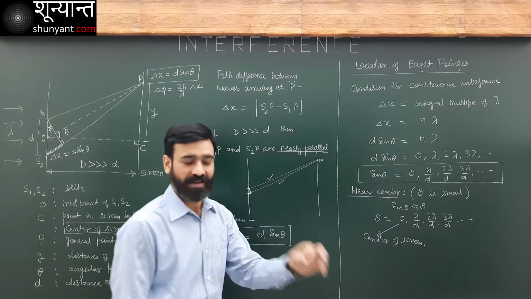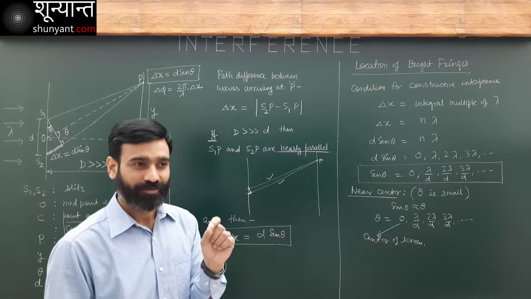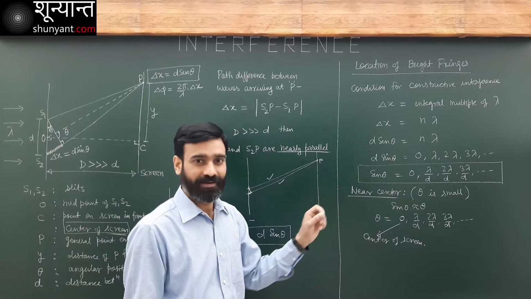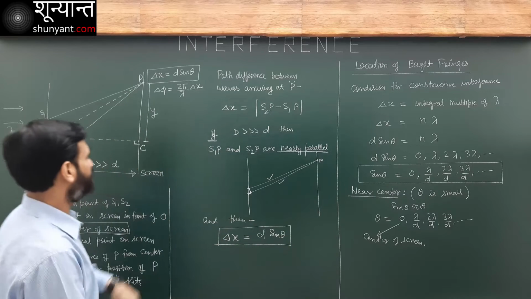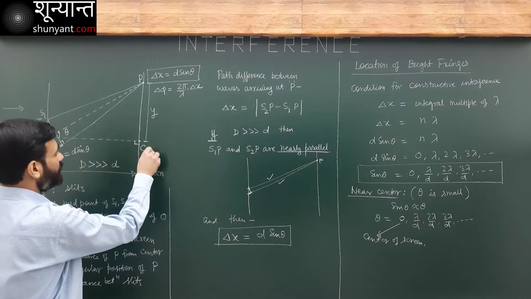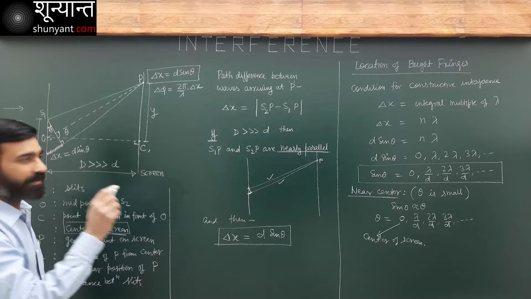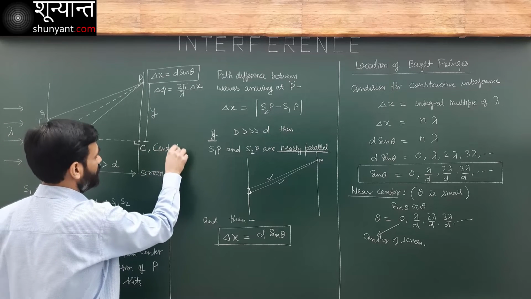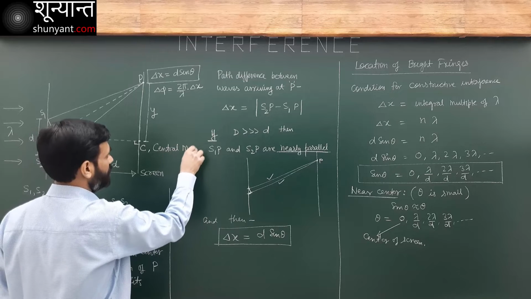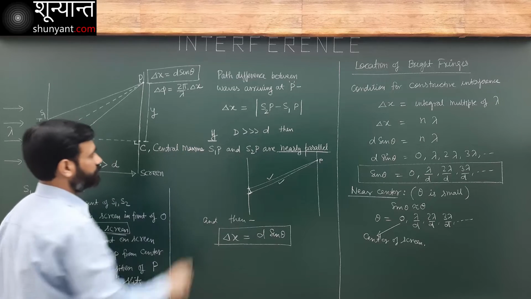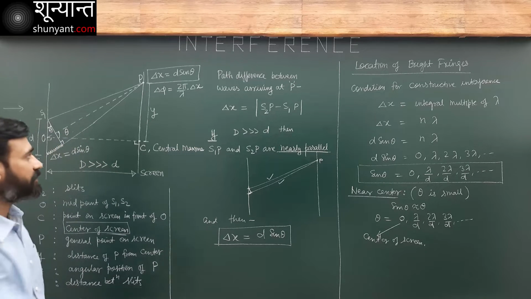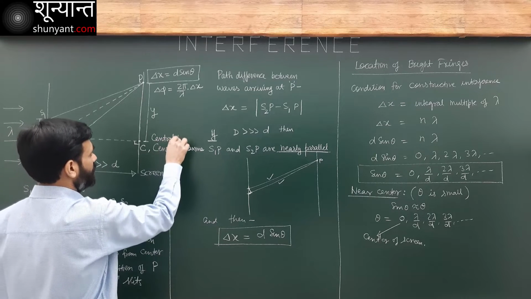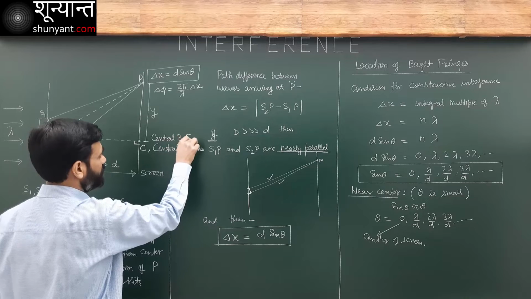That means at the center of the screen, I am going to get a bright fringe. It is known as central maxima, or central bright fringe.